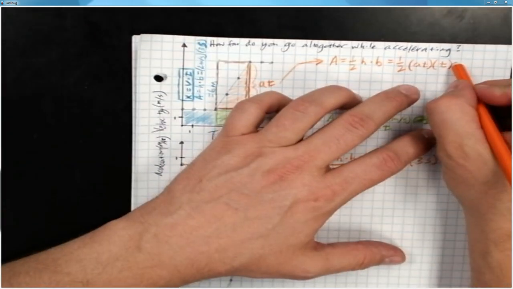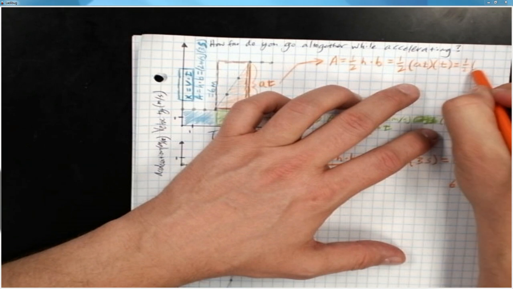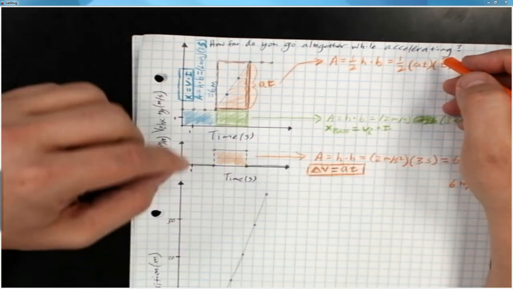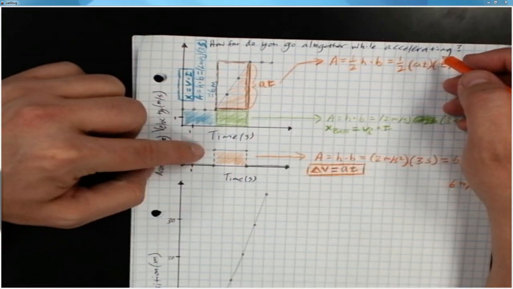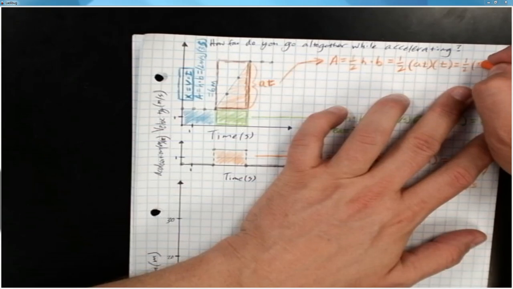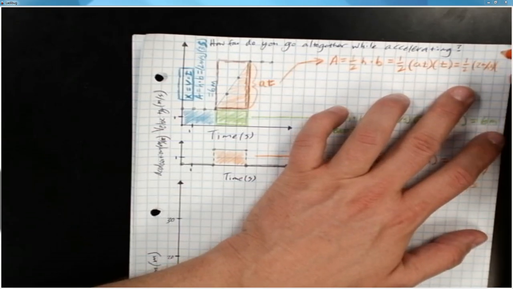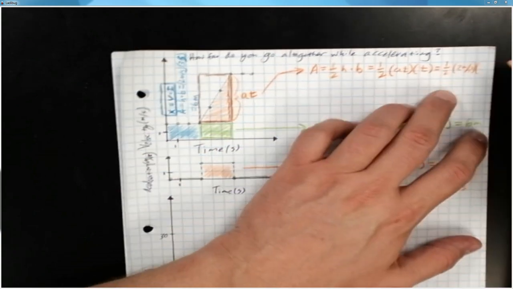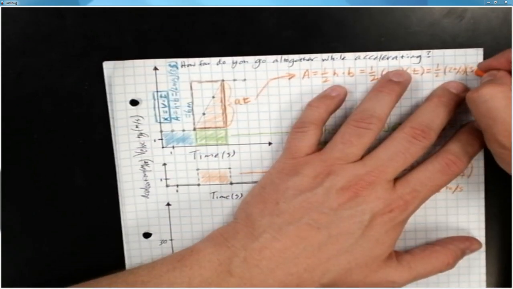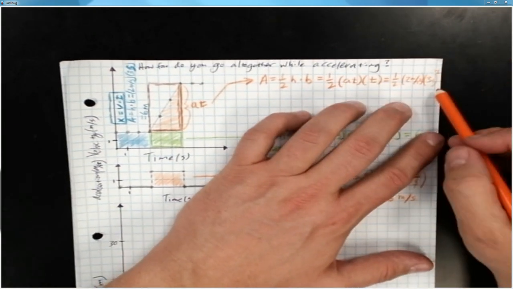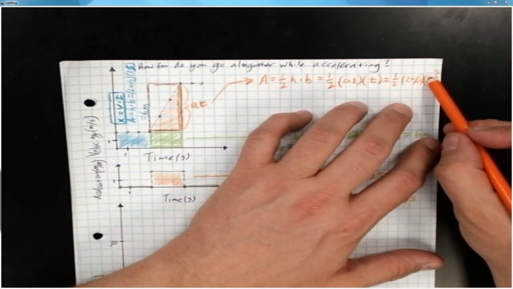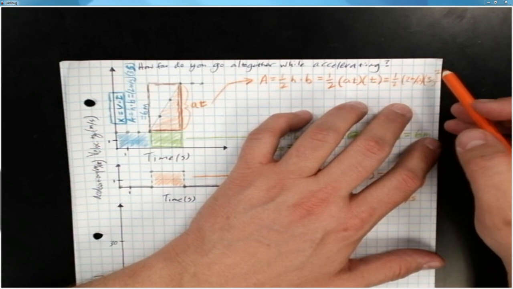So that's 1/2 of, what was my A? My A was 2 meters per second squared, times my time was 1, 2, 3, 3 seconds squared. So let's do that out. 3 seconds squared is going to be 9 seconds squared.